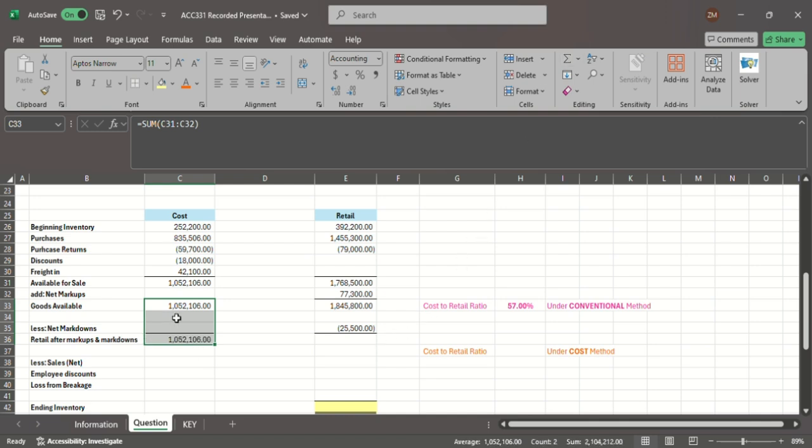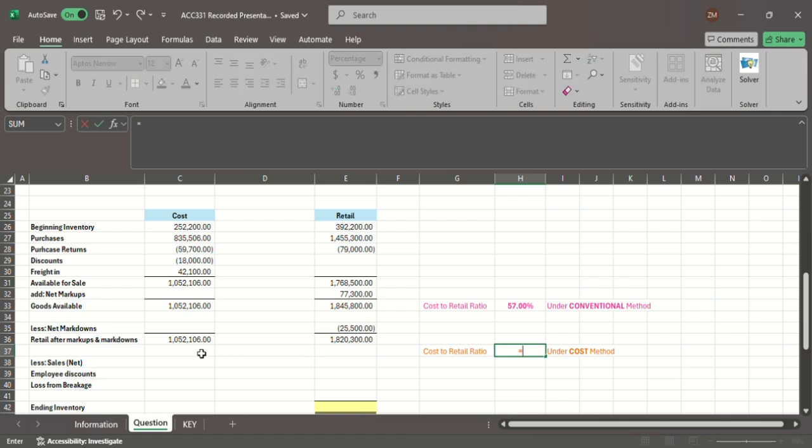I brought down the cost number, even though nothing changed. And I brought down the retail number. I summed them up rather. And we're going to do the same thing we did for the conventional method: retail after markups and markdowns for cost, and the retail after markups and markdowns for retail. And it gives us 57.8%.